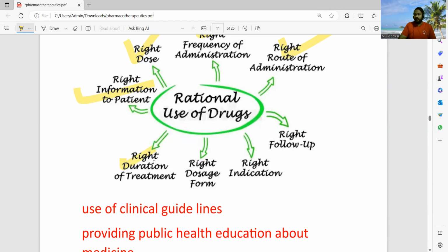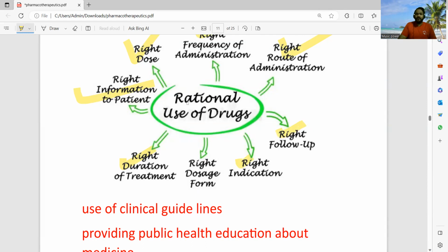Suppose in case of antibiotics, the doctor is prescribing medication for 7 days, but the patient is only taking it for 2 days. On the third day, he feels, I am okay, I am healed, but it's not like that. The course of antibiotics must be completed by the patient so that reoccurrence of the infection is very low. Right dose form, right indication, right follow-ups.